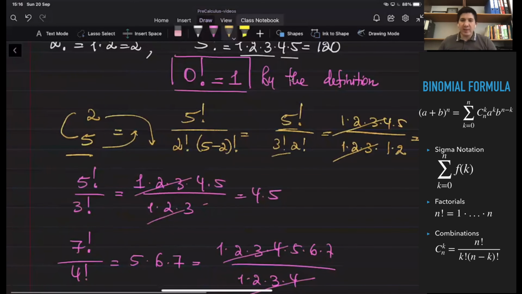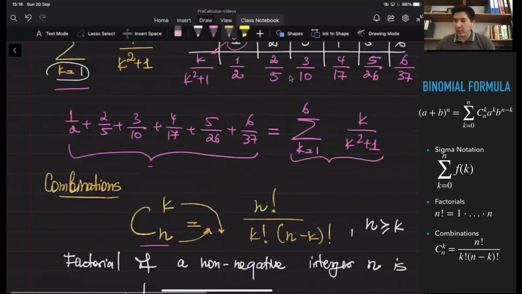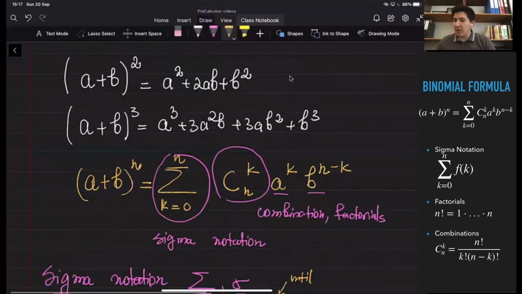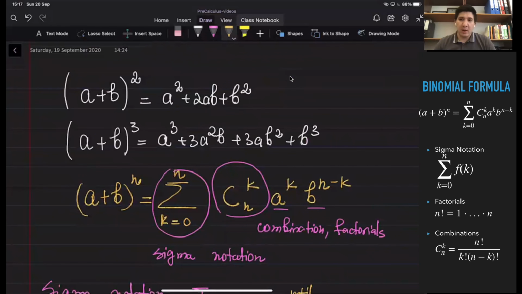So now we basically have all the ingredients of the binomial formula, and we can try to do some examples and exercises. We know what the sigma notation is, right? It means that I need to take the values of k starting from 0 and increment by 1 until n.